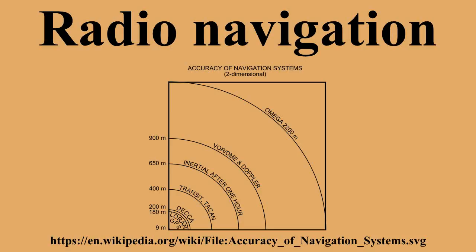Beam systems. Beam systems broadcast narrow signals in the sky, and navigation is accomplished by keeping the aircraft centered in the beam. A number of stations are used to create an airway, with the navigator tuning in different stations along the direction of travel. These systems were common in the era when electronics were large and expensive.